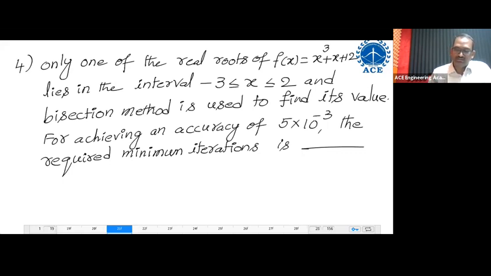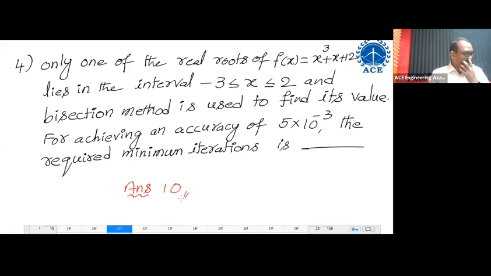Answer 10. I don't know the answer, that's why I'm asking. 9.96 means 10 only. 9.96, make it as 10.